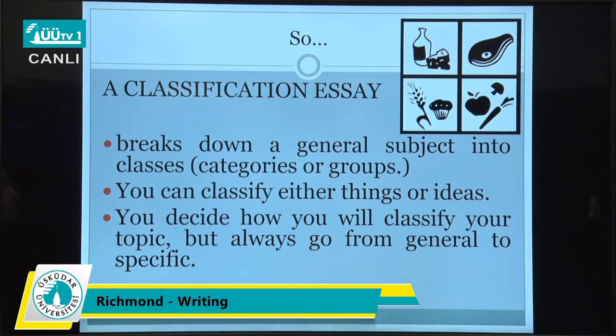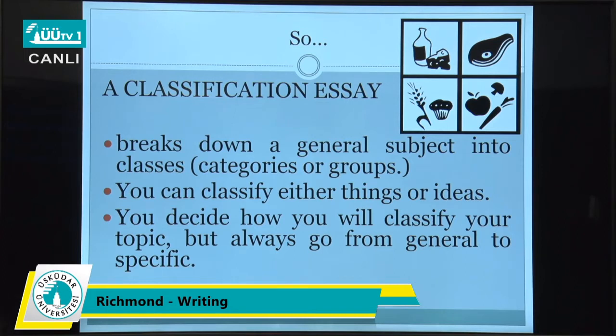Now, let's summarize what we talked about so far. A classification essay breaks down a general subject into different groups, different classes, just like we did with the shopping list and the wallets.